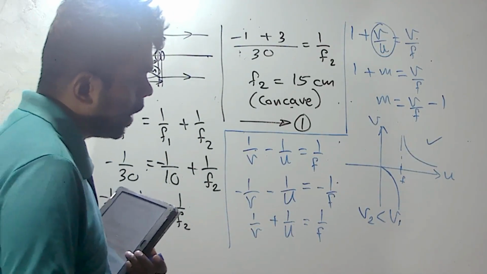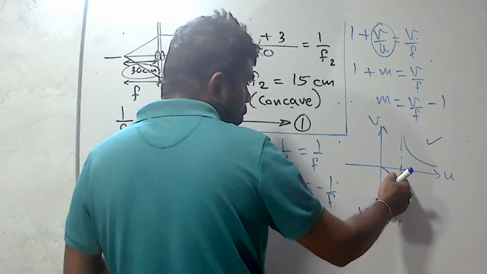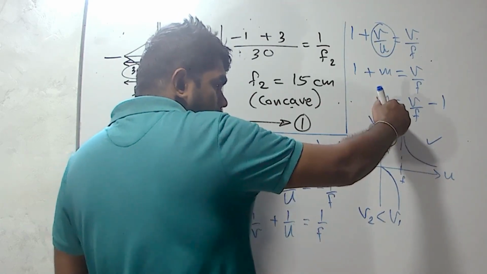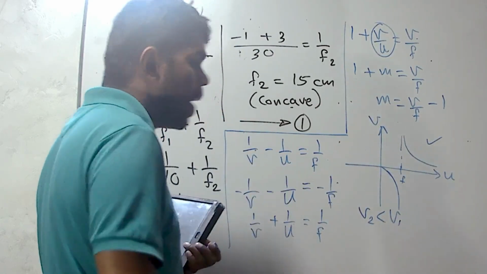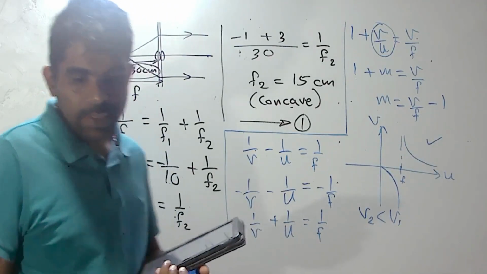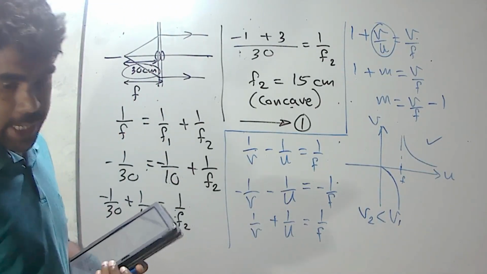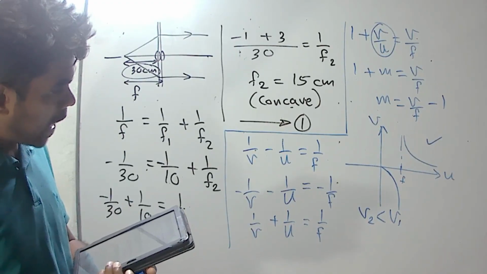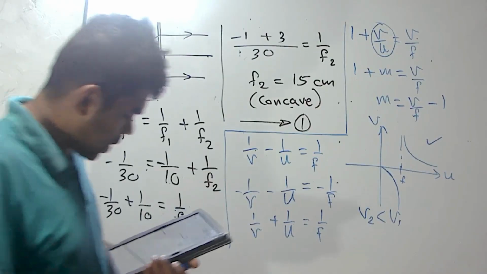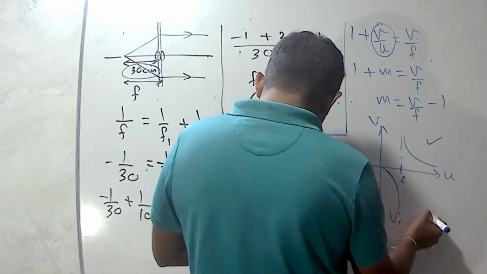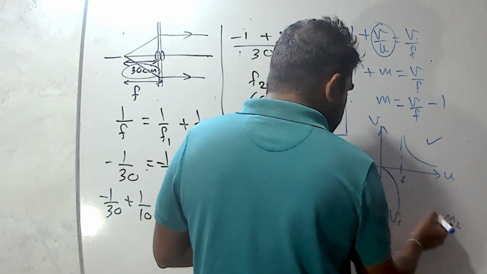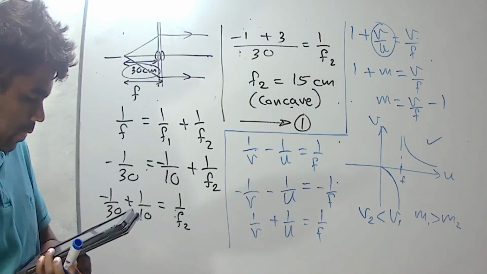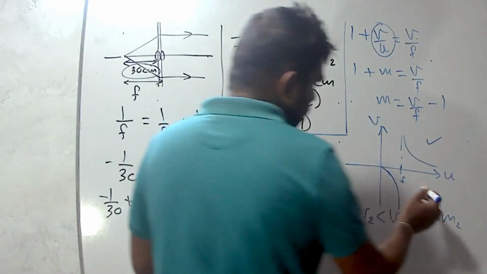We know that when the f value is decreasing, the graph should move to this side. We can obtain a smaller image, and when considering magnification, it should be smaller than the first condition. Then m2 should be less than m1. Then the fourth one is the correct answer.